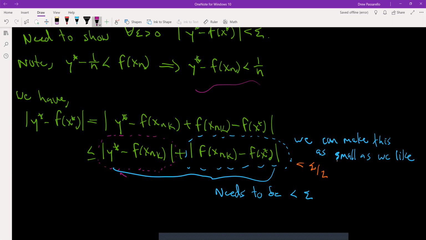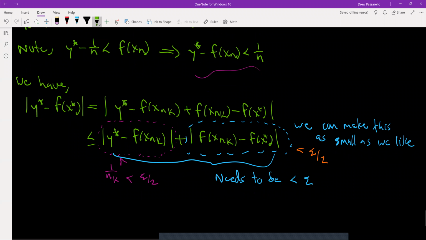Essentially we're going to make this less than 1 over n_k, and then that 1 over n_k is going to be less than epsilon over 2. So then we have epsilon over 2 plus epsilon over 2, which is epsilon. All right, so that's how we're going to go about it. So let's first handle the 1 over n_k thing.